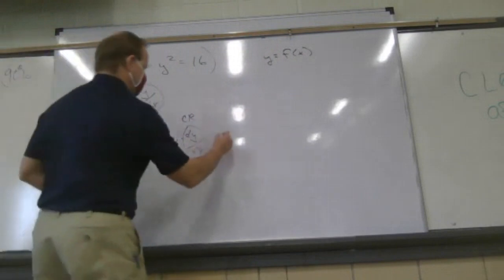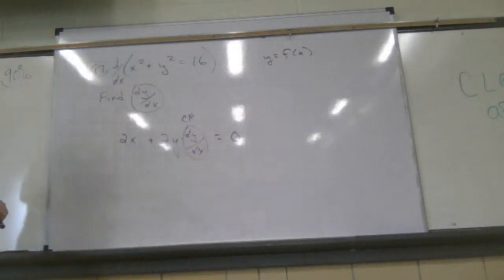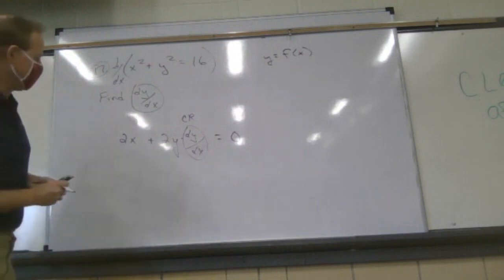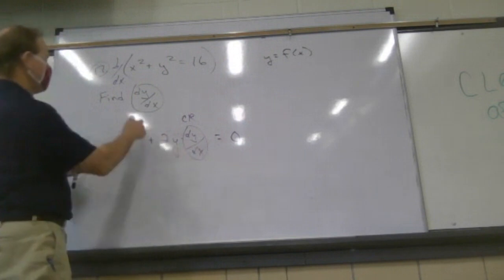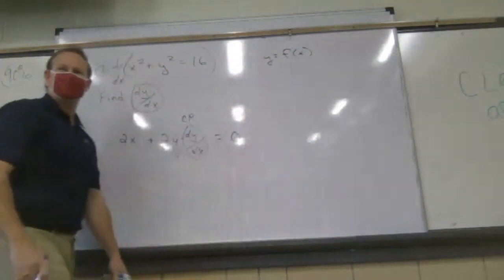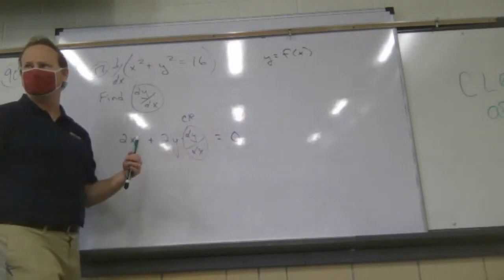And what do I get on the right side? 0. I get 0 because the derivative of a constant with respect to any variable is 0, right? So we have this, and then of course we want to find dy dx. I'm going to get everything that's not a dy dx to one side and everything that has a dy dx attached to it to the other side.